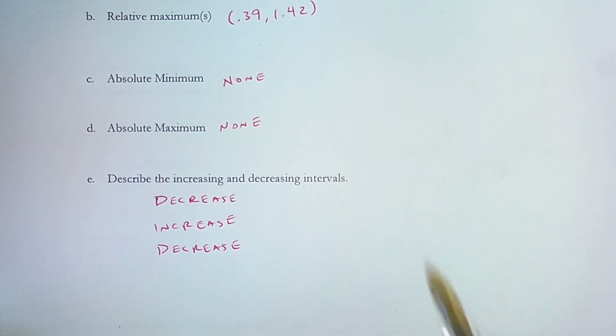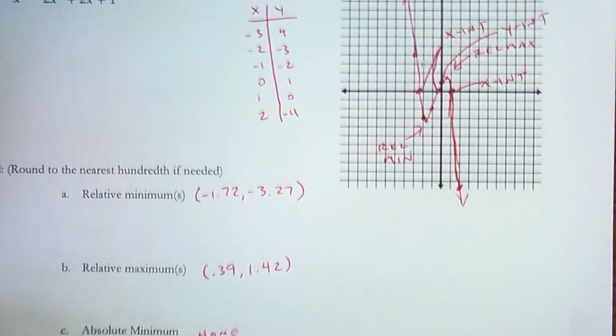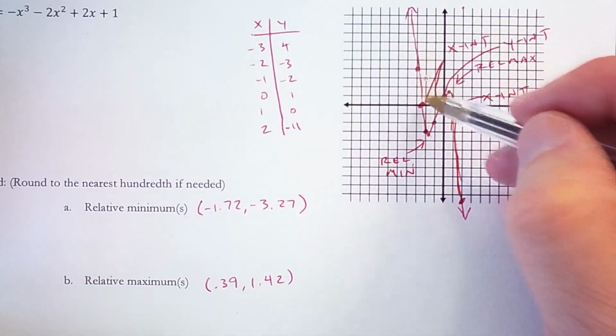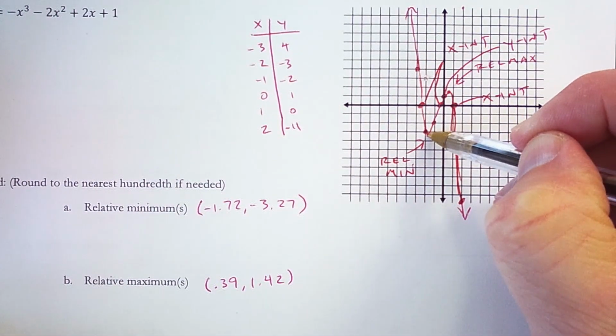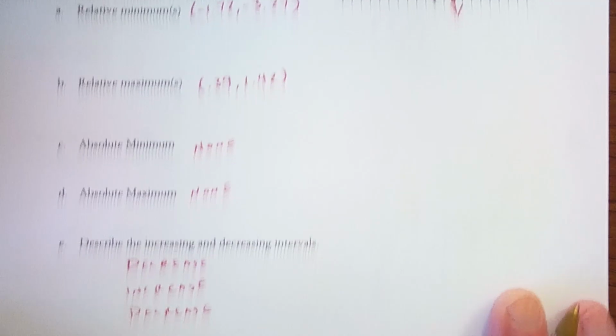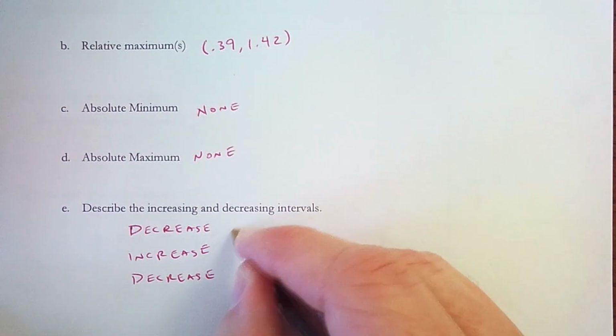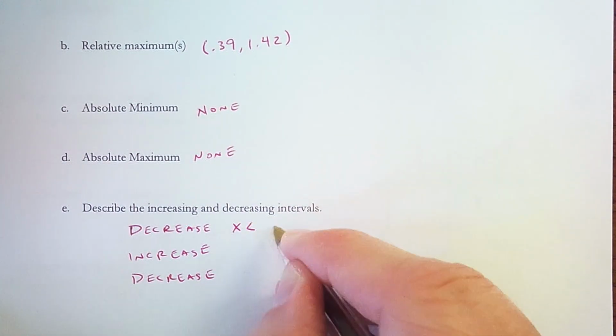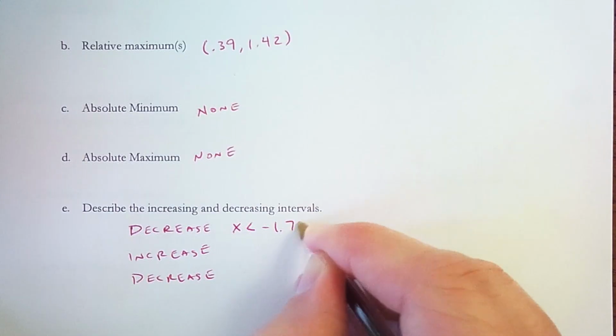Now we need to list the domain for each interval. So it is decreasing until I get right here to this relative minimum where the x value is negative 1.72. So it is decreasing for all x's that are left of or less than negative 1.72.